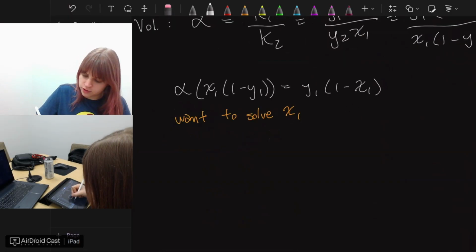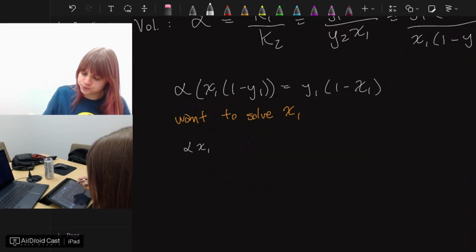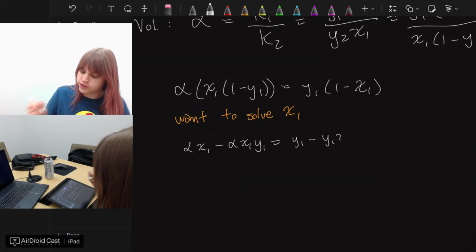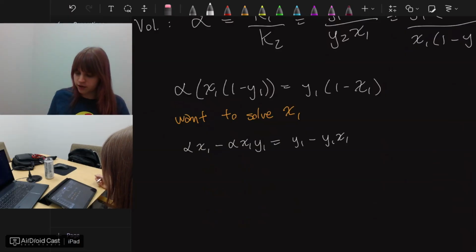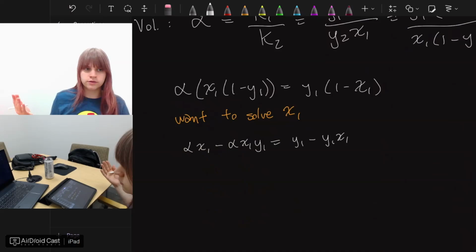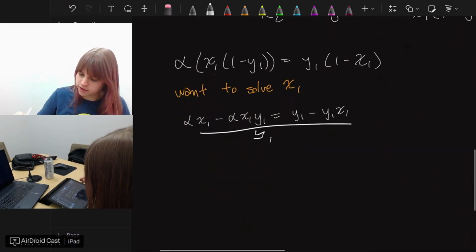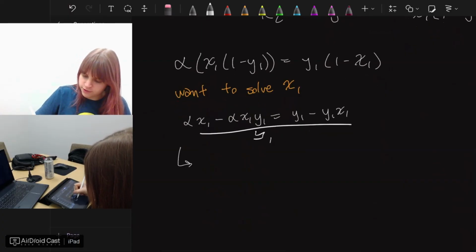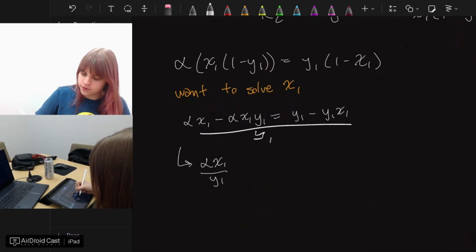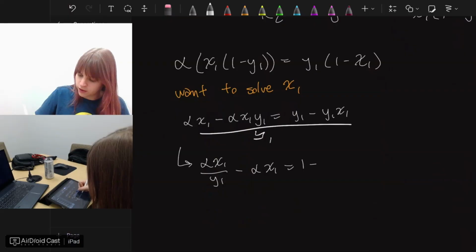So if we distribute all of these out, we have alpha times X1 minus alpha X1 Y1 is equal to Y1 minus Y1 times X1. And we want to get X1 isolated. So first I'm going to divide by Y1, and that gets us alpha times X1 over Y1 minus alpha times X1 is equal to 1 minus X1.